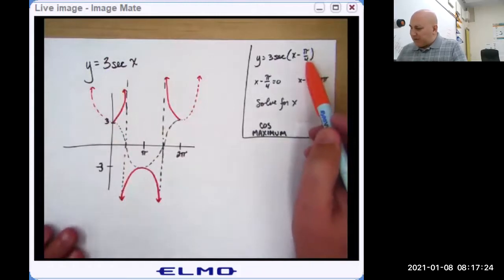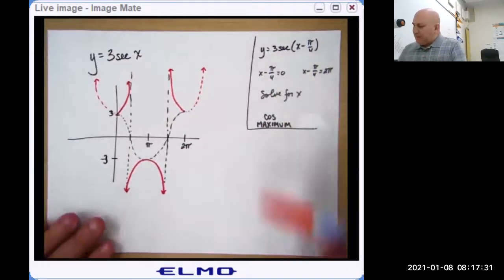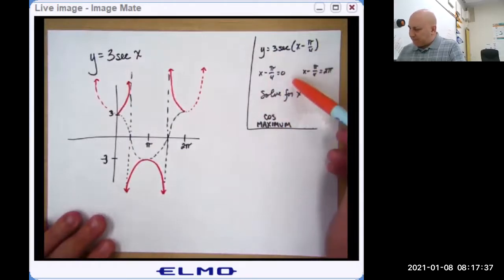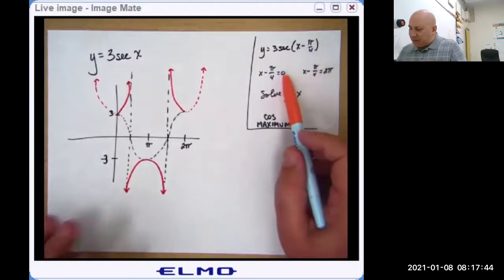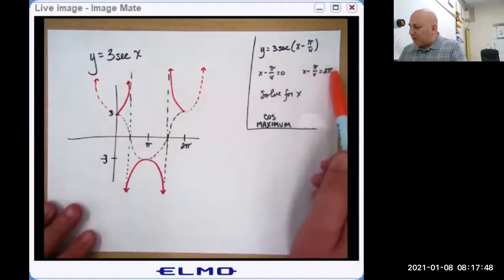Now, if I wanted to phase shift this and graph this curve, and again, I don't want to get into a lot of that. We know that cosine, we normally graph from 0 to 2 pi. So we're going to set 0 to 2 pi here.